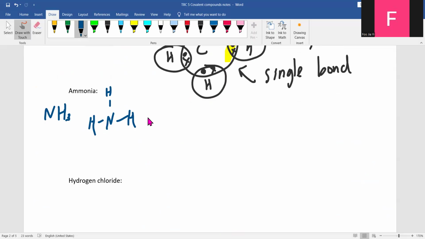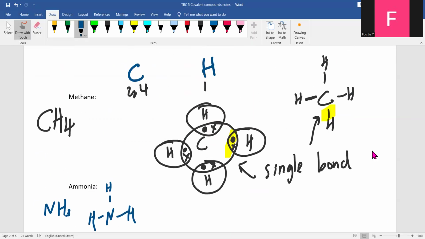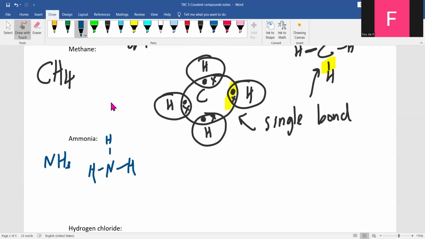So look back at this. Nitrogen: write down the electron arrangement of nitrogen and write down the electron arrangement of hydrogen first. Look at your periodic table.